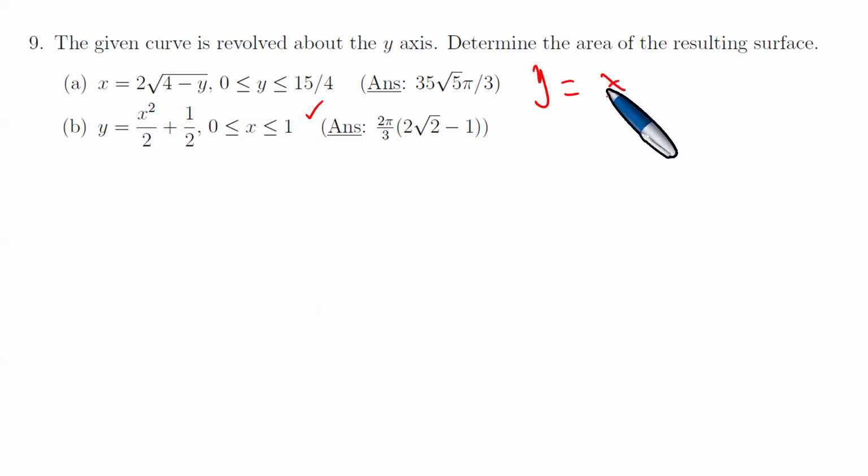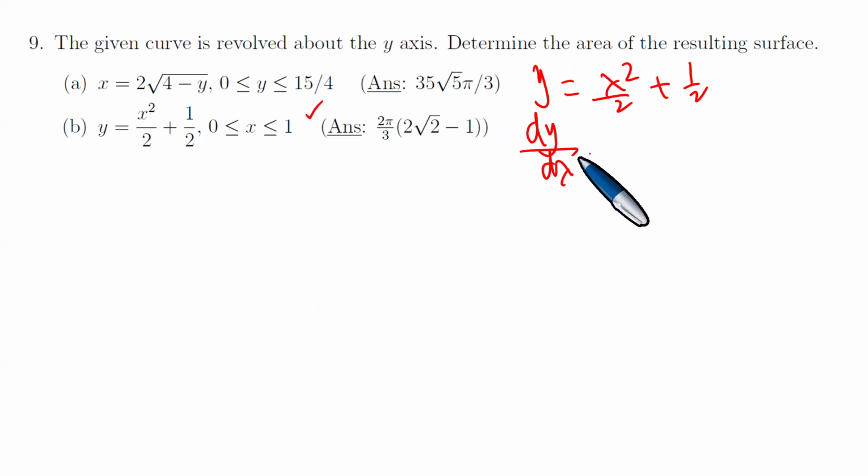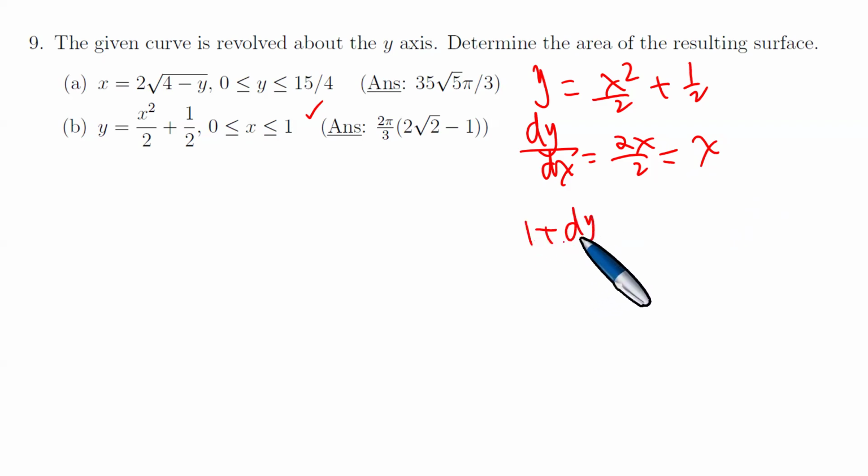Our y is already x squared out of 2 plus 1/2. dy dx is 2x out of 2, and 2x out of 2 is exactly x. So 1 plus dy dx squared is 1 plus x squared.